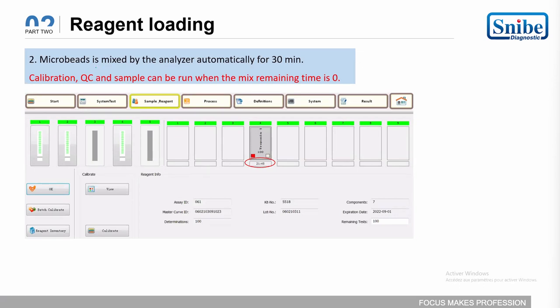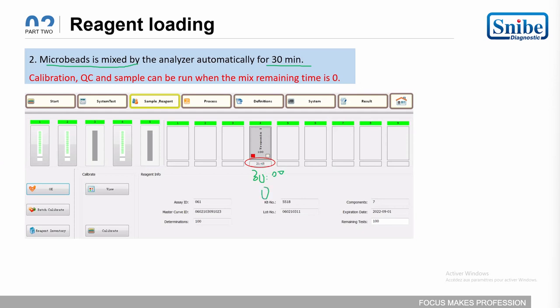Microbead is mixed after you load the reagent. The mixing of microbead in the first vial by the shaker will start automatically and will last about 30 minutes. It will display the time. When starting mixing, it will display here 30 minutes, and then the counter will decrease until 0.